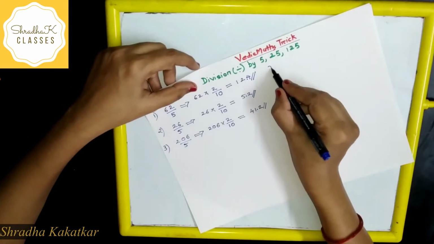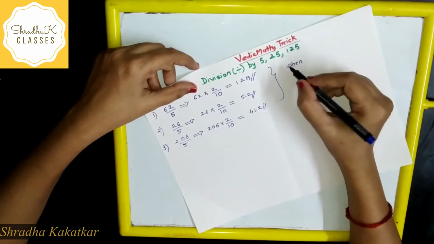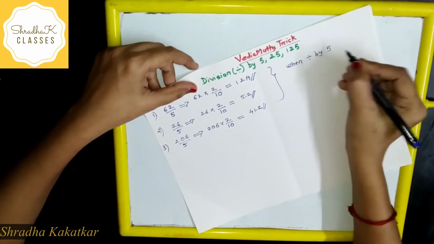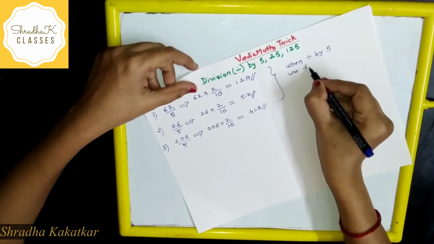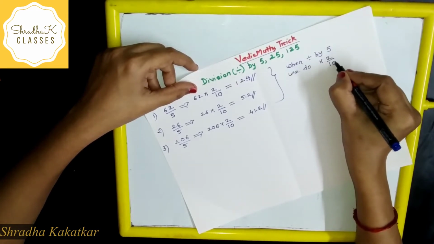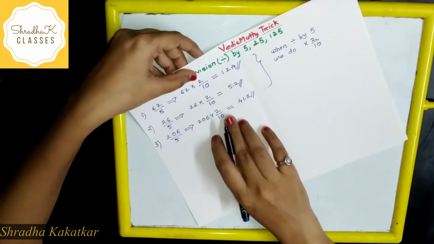Okay, remember one thing: when you divide by 5, we multiply by 2 by 10. I hope you understood this part.